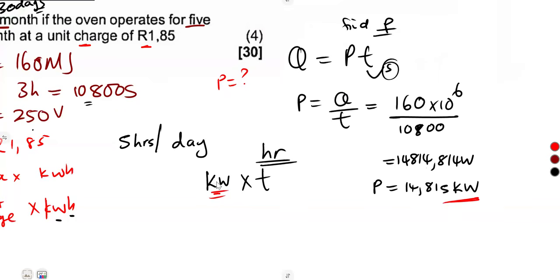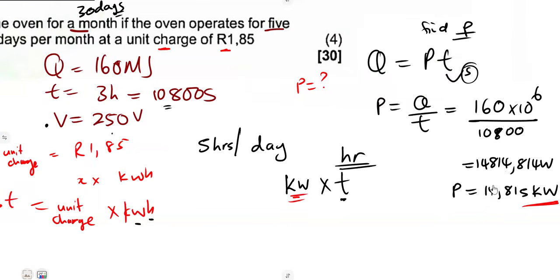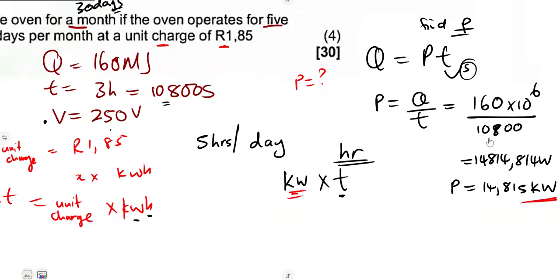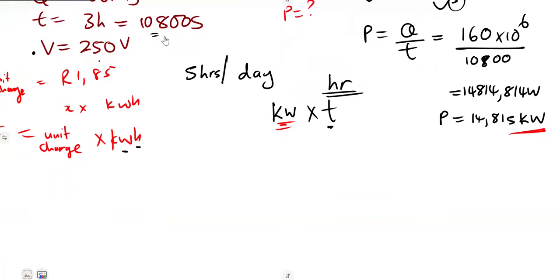But we need the kilowatt hour now, which is kilowatt times time in hours. Here it was the energy, guys, that gave us the power in that 3 hours. This is where we got the power. When we are talking about the kilowatt hour, it's no longer about that. It's about the time of the element that was being used.